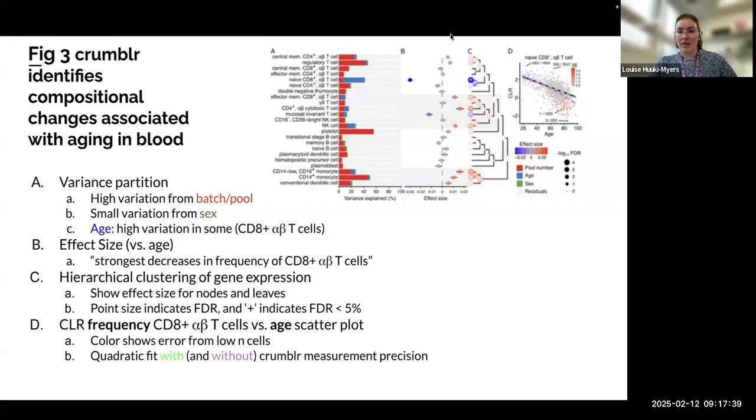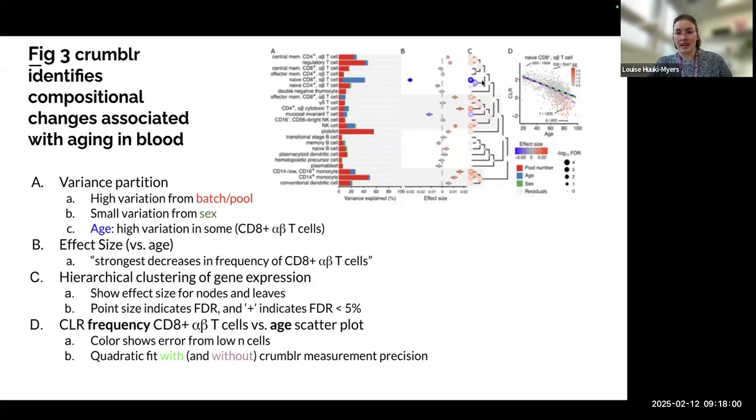In the second panel, they're exploring the effect size tested by age, either positive or negative relative to age. We can see that this naive CD8 plus cell type has the largest effect size and a negative effect with age.